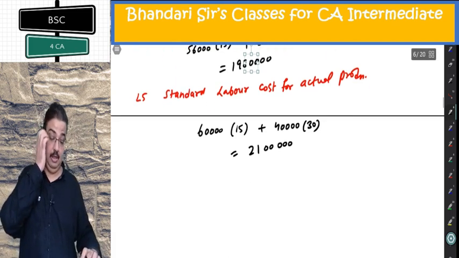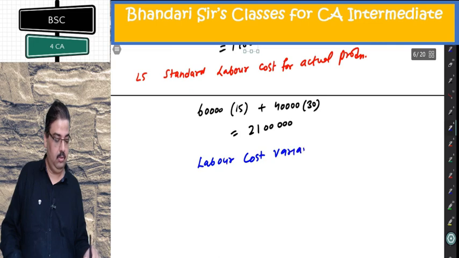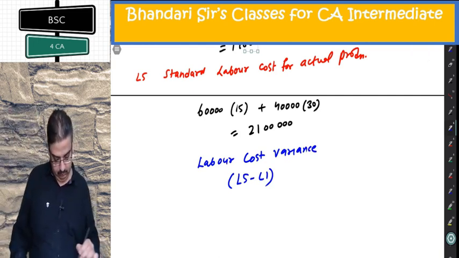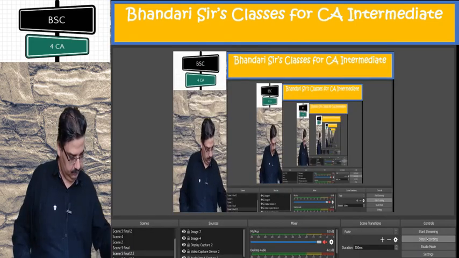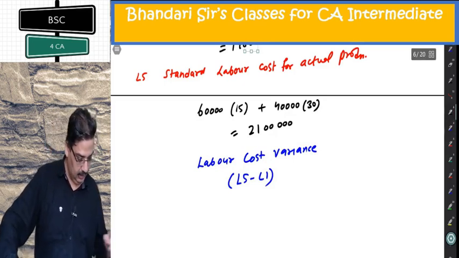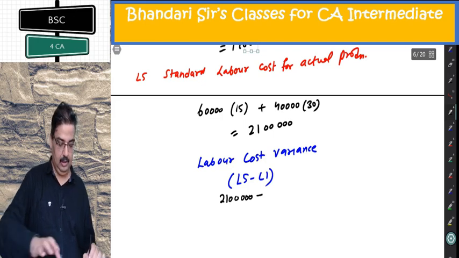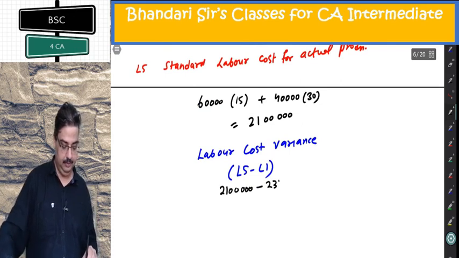Let's reach the table there. Labor cost variance, L5 minus L1, 21 lakh minus 23 lakh 38,000.